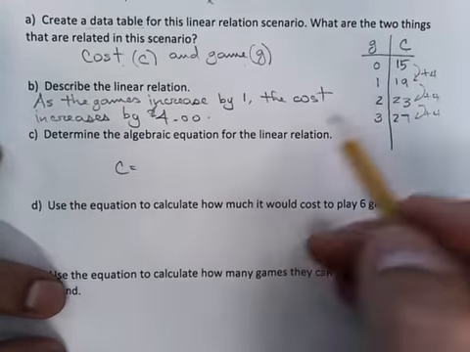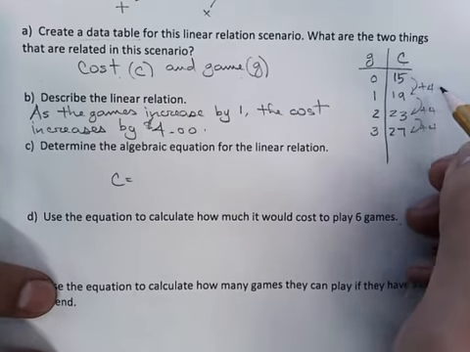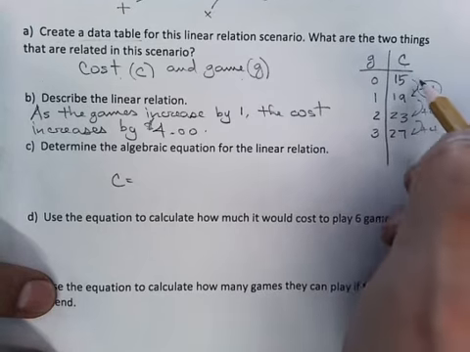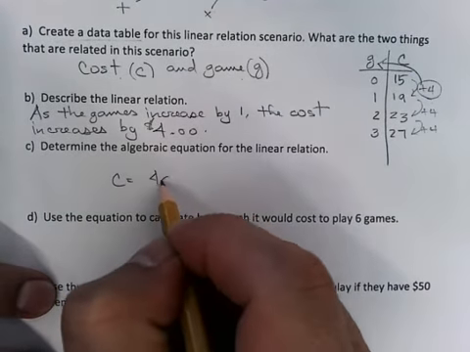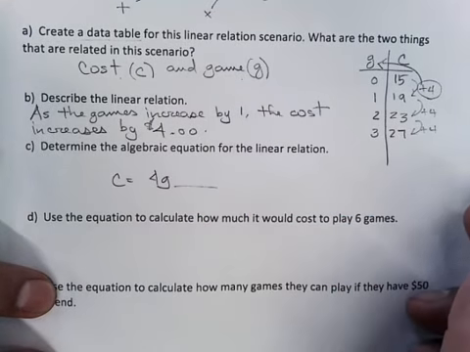But to get this equation, by taking the guesswork out of this, simply take whatever the constant increase is, multiply that by the independent variable, multiply it by g, and now we just have to figure out what the adjuster is.